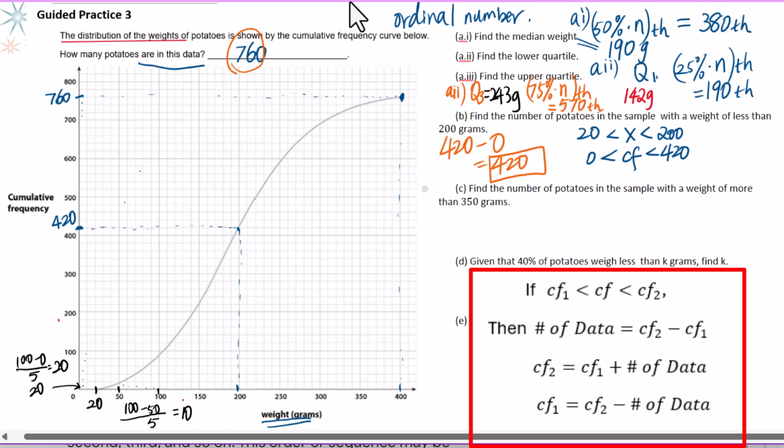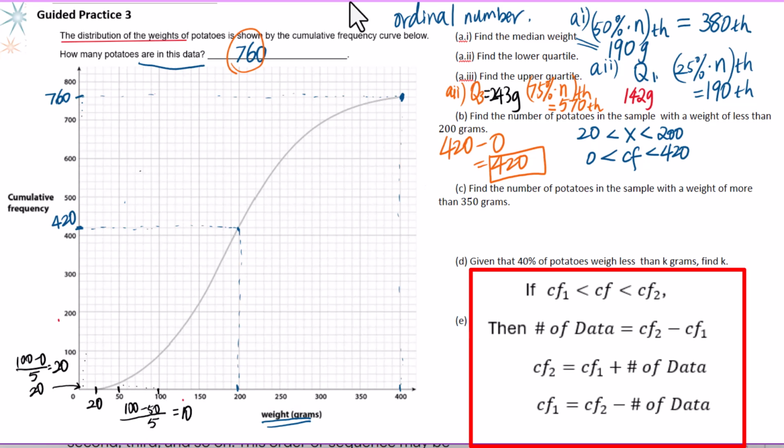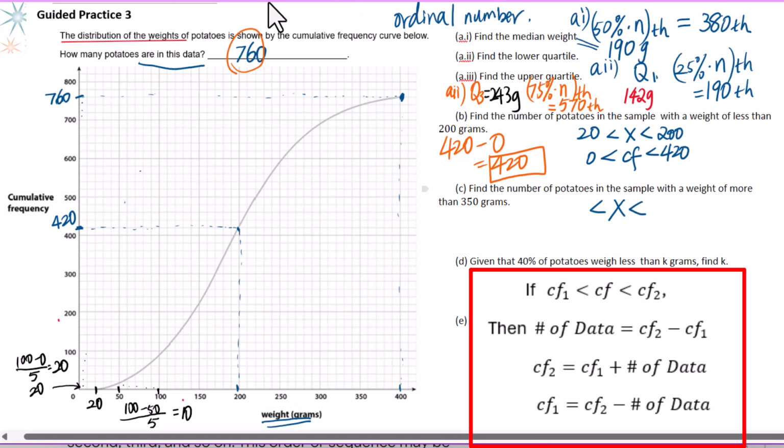Look at C. Find the number of potatoes in the sample with a weight of more than 350 grams. Compound inequality: more than 350 grams, less than the maximum weight of 400. So write down this compound inequality, then figure out the corresponding cumulative frequency.